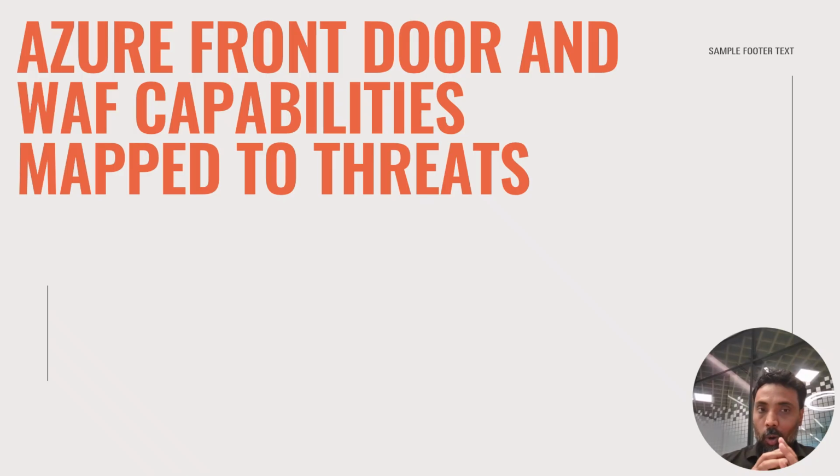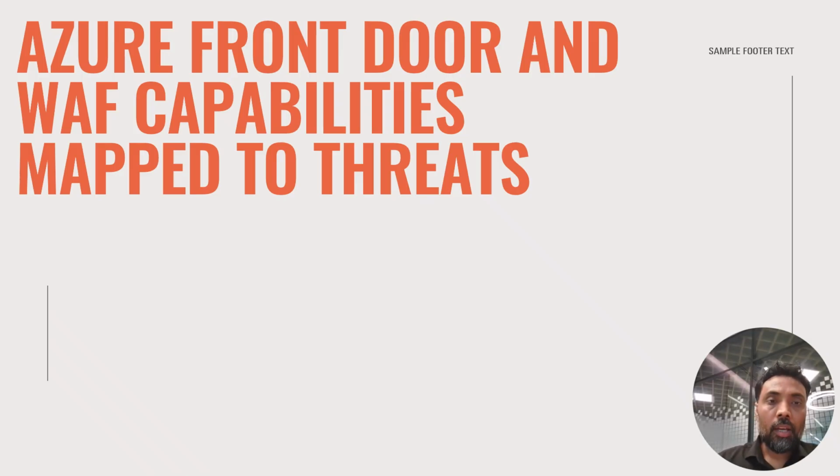All these requests reach your origin when you don't have Front Door, but they can be prevented from reaching your origin if you put Front Door in front of it.